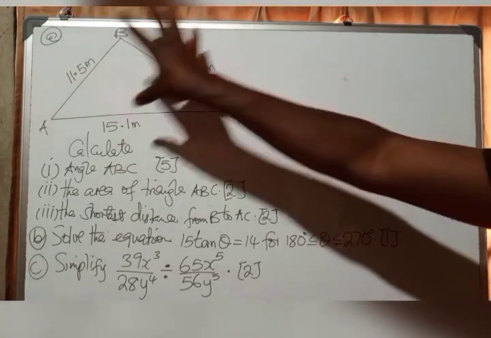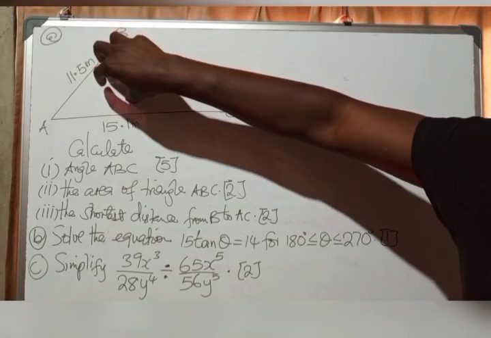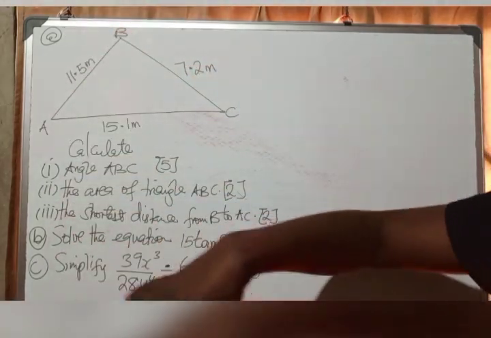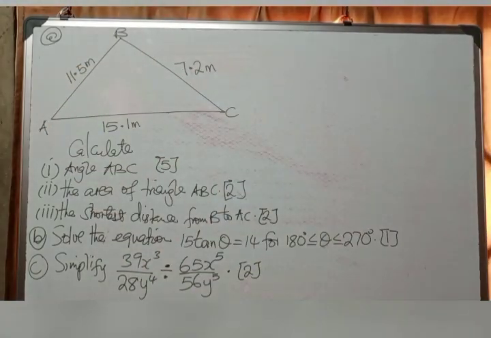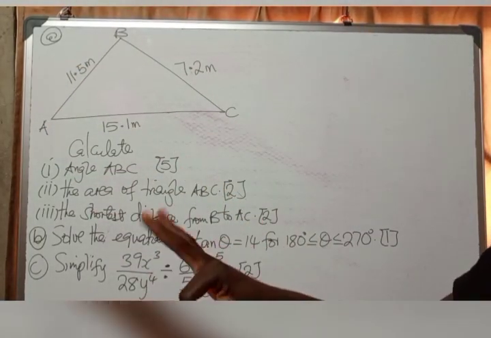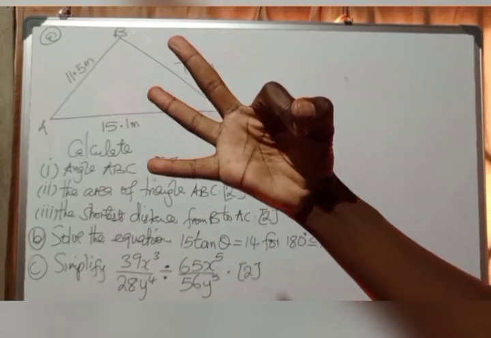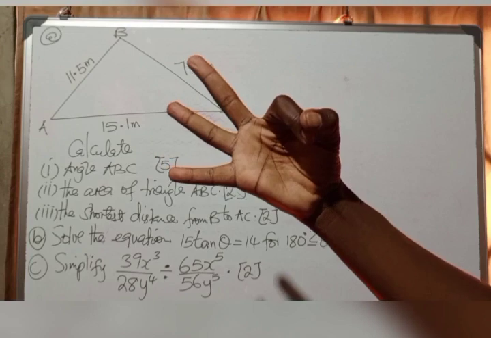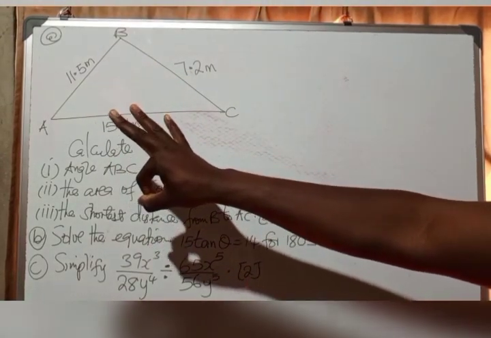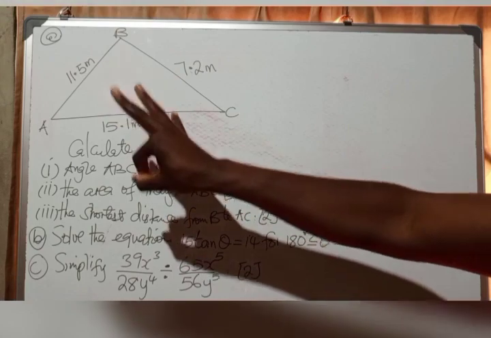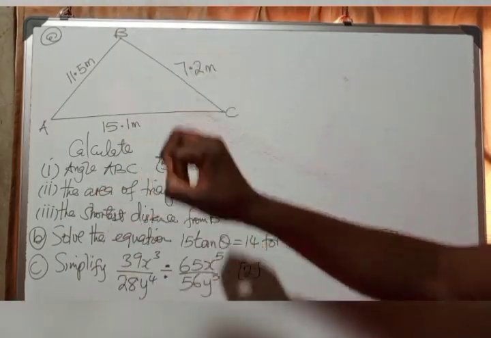Once you see a diagram under trigonometry like this, and the 3 sides are known, you are finding an angle. If all 3 sides are known, the law you are going to use is the cosine law.